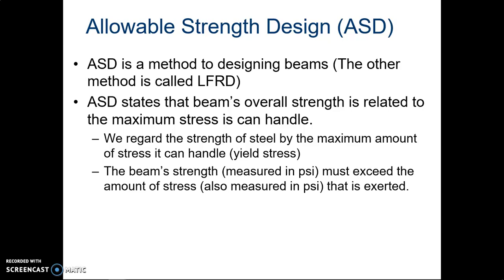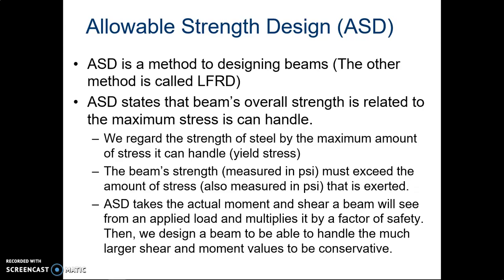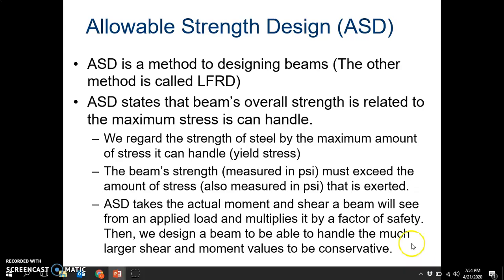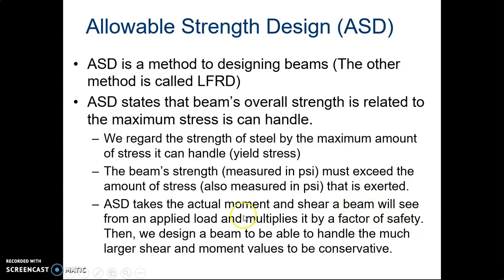And then the beam's strength must exceed the amount of stress exerted. That makes logical sense, right? If the beam can only handle 36 KSI and I apply 40, you're going to have a bad day. So you have to apply less stress than what it can handle. ASD takes the actual moment and shear a beam will see from an applied load and then multiplies it by a factor of safety.